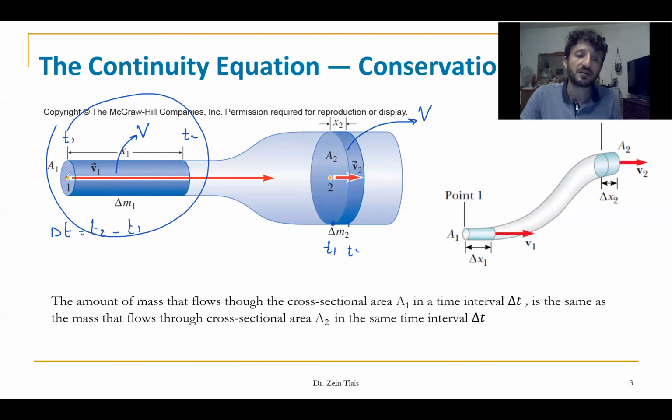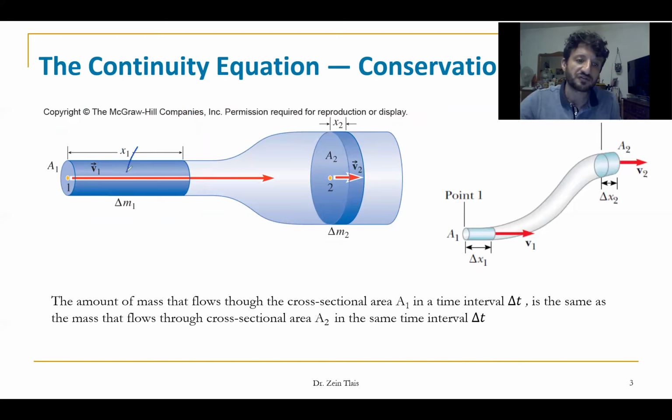Okay, and the length of V1 is not equal to the length of the volume V2, because we don't have the same area. Okay, for a small cross section A1, we have a length x1, and for a large section A2, we have a length x2. So what we have to know now, this volume V is equal to this volume V, and this mass M1 is equal to the mass M2.